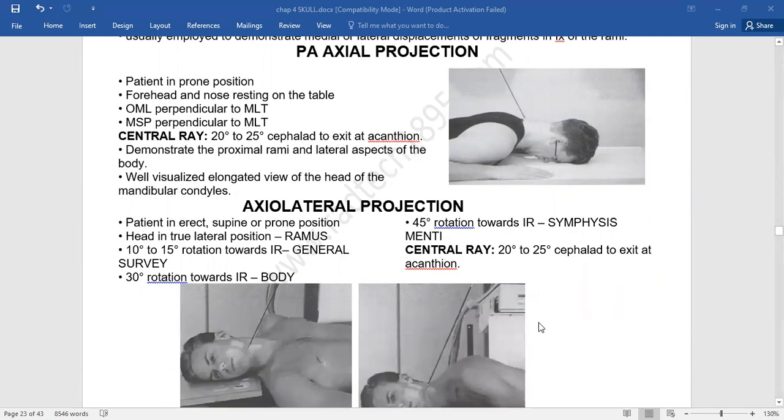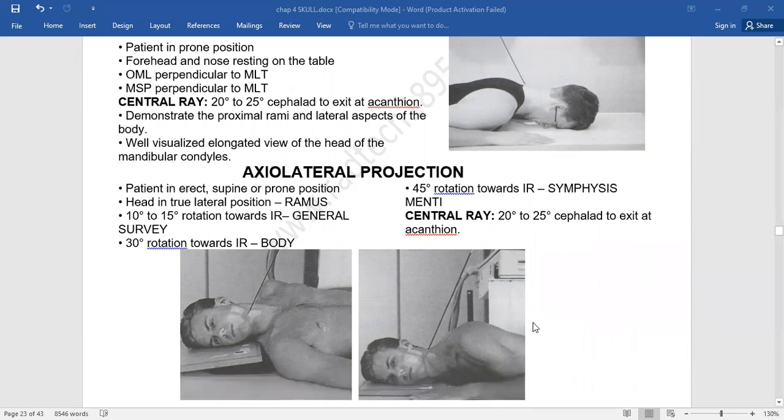Next, for the axiolateral, so patient in erect, supine, or prone position, depende kung ano yung kaya ng patient. So head must be in true lateral position to demonstrate the ramus. For general survey, the head is rotated 10 to 15 degrees towards the image receptor.